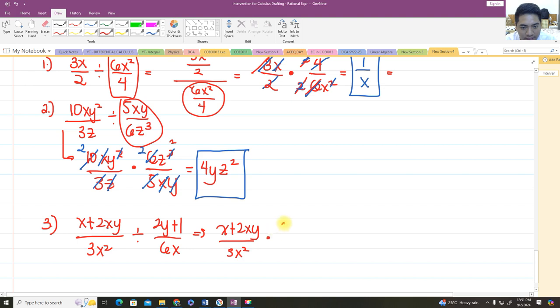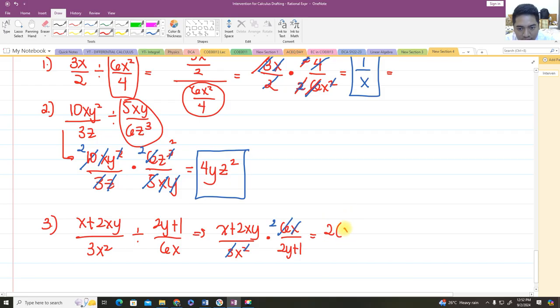So, you have 6x all over 2y plus 1 here. That's why we are going to simplify this. By simplification, we have 6 all over 3, we have 2 here, and you have x cancelled here.